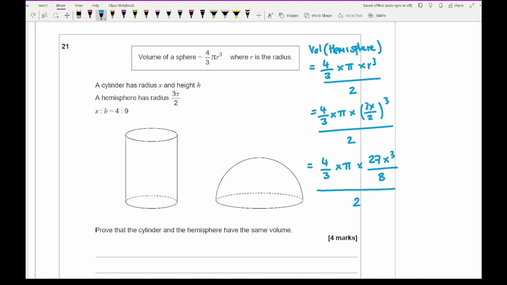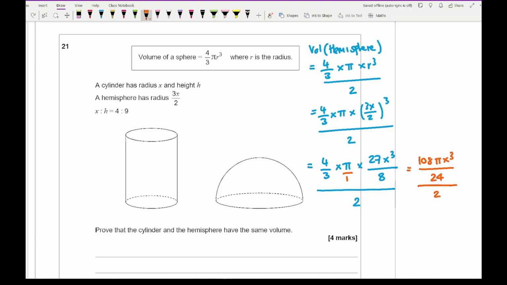Now from this, we can write it as a single fraction. So that then becomes 27 times 4, which is 108. So I've got 108 pi x cubed, all divided by 24 divided by 2.